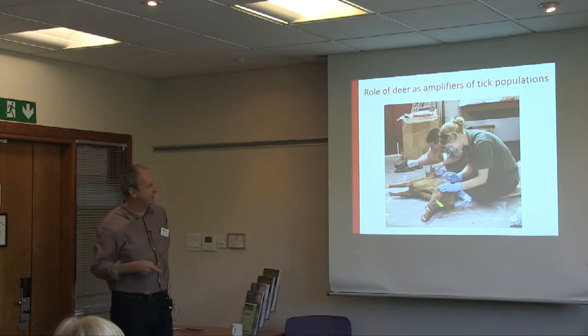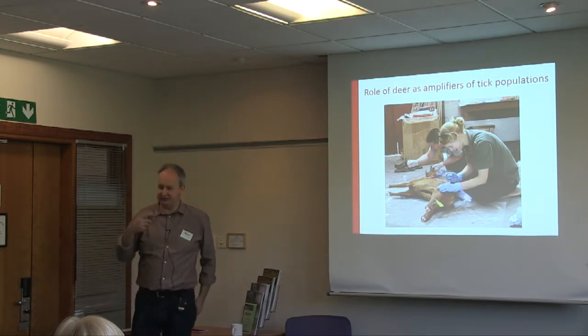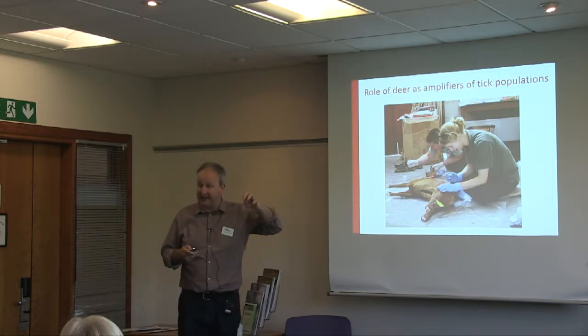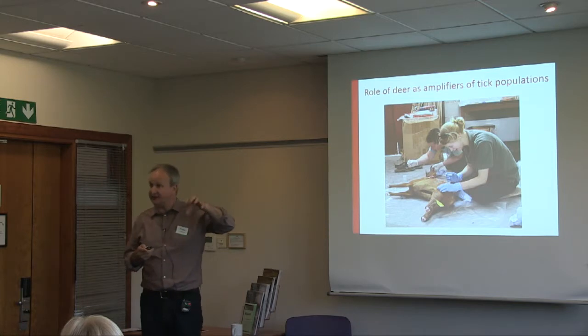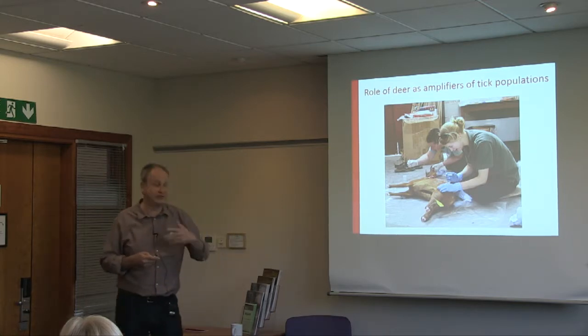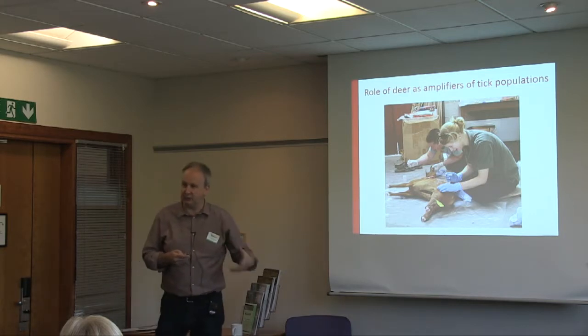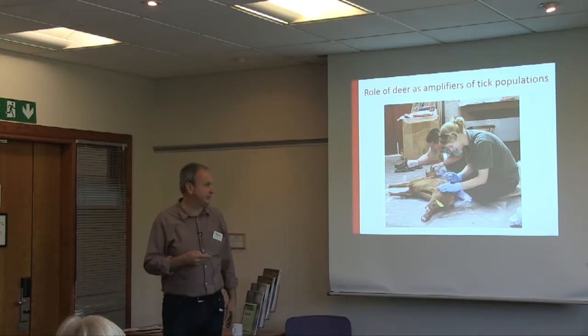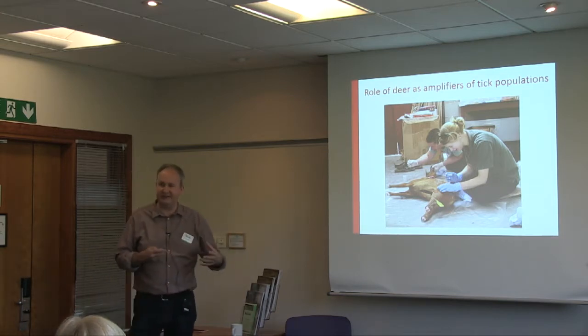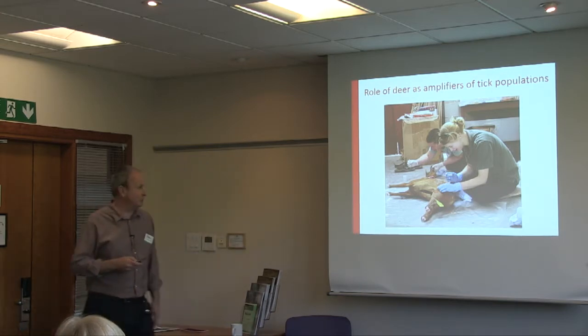This particular deer. But they can carry thousands and thousands of ticks, not just the big adult females that are obvious, but also the earlier life stages, the larvae and the nymphs as well, which are much harder to spot, particularly before they start to blood feed, before they start to bloat up.